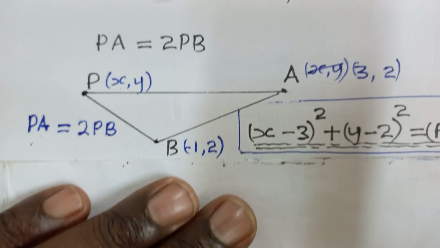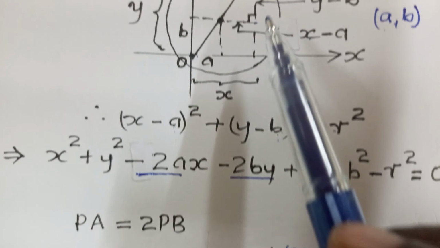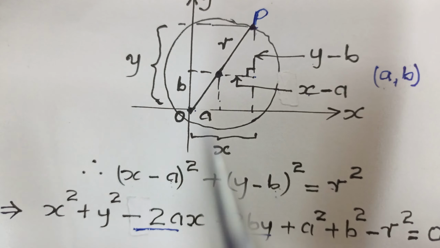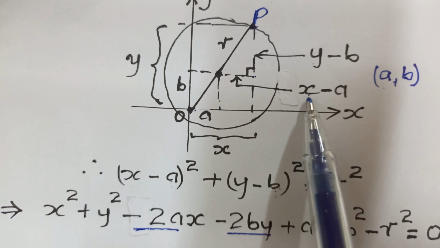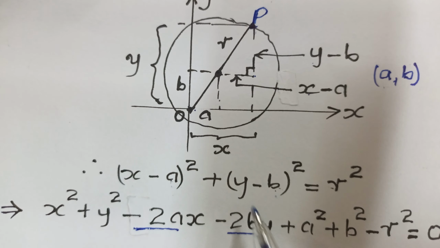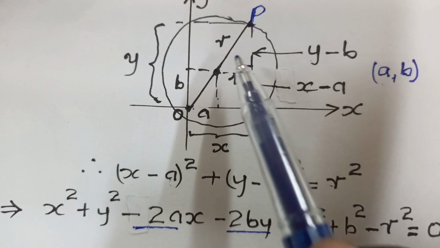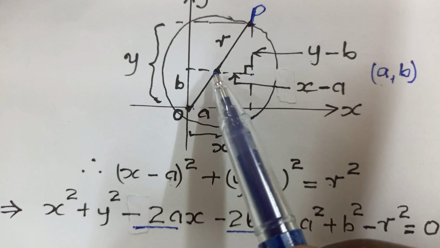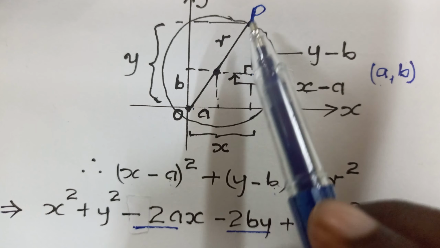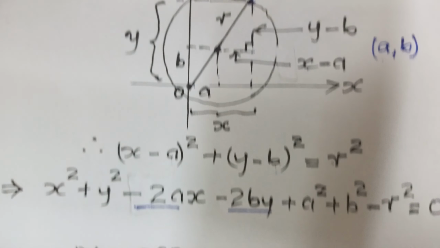Just like when we were looking for this point from the origin here, we said (x minus a) squared plus (y minus b) squared, because we were looking at that distance from the center of the circle up to the point P. Now we do the same.